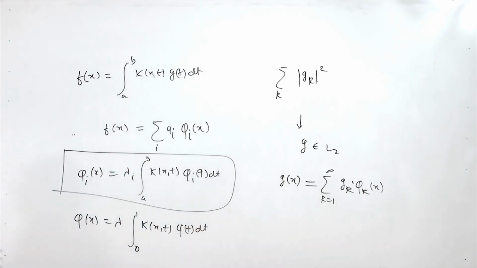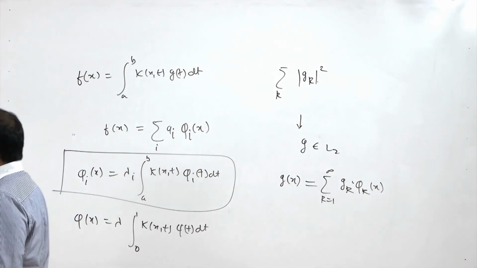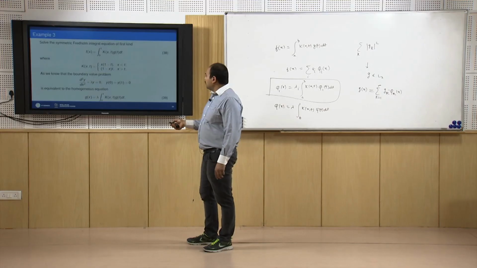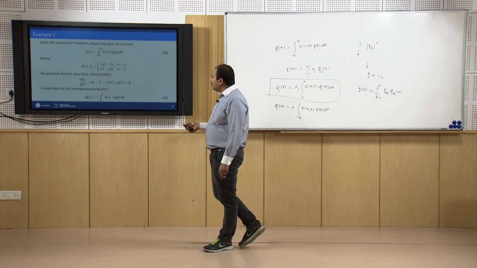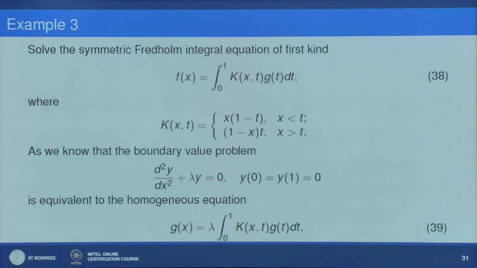From this you can easily say, by conversion of this integral equation into the corresponding boundary value problem, that the corresponding boundary value problem is d2y by dx square plus lambda y equal to 0, with the boundary condition y of 0 equal to y of 1 equal to 0. That is clear from this equation: when you put x equal to 0 here, y of 0 equals y of 1 equals 0. So we have to solve this particular problem.